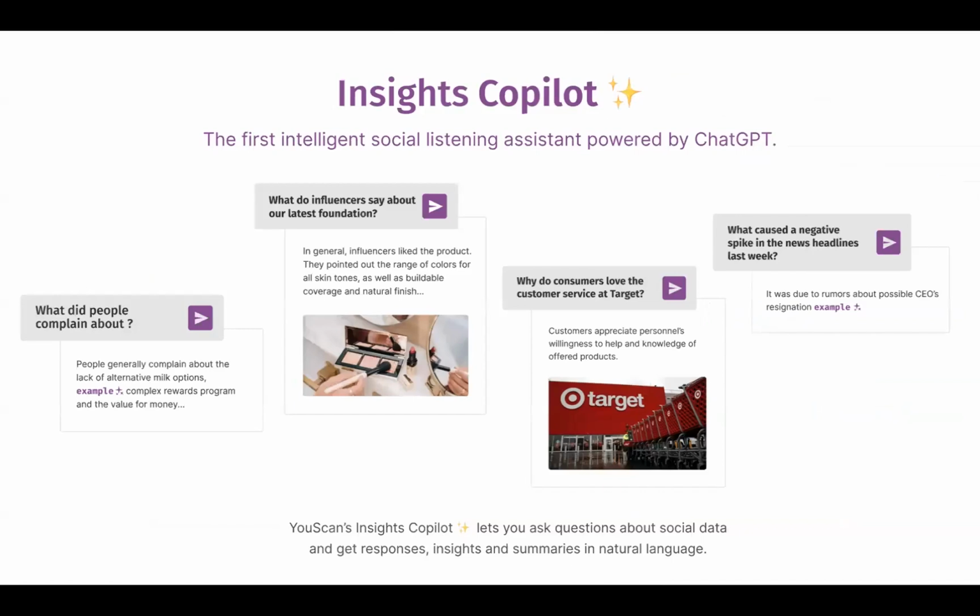Insights Copilot lets you ask questions about your social data without the need to navigate dashboards and reports, and get responses just like you would from ChatGPT or Gemini: insights and summaries in natural language. And my colleague Zhenya, our head of AI, will show you the live demo just now.